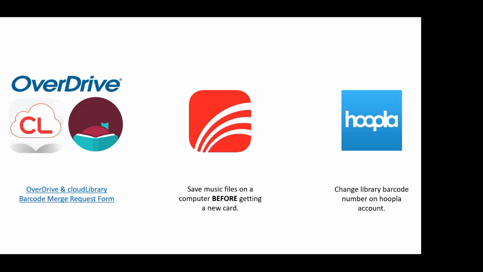Taking these steps can help eliminate troubleshooting in the future. This information can also be found in the Marigold manual under card replacement procedures. And if you need more information on where to find that or any of these e-resources, you can always contact me.